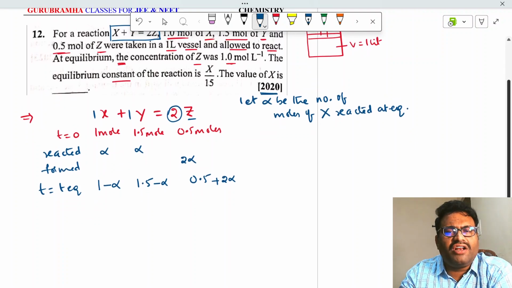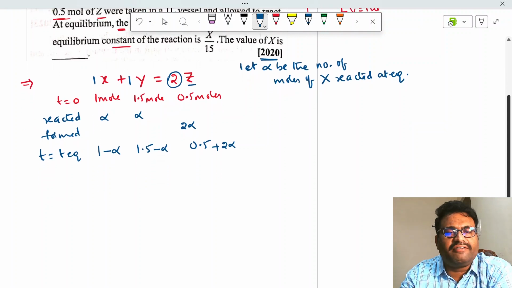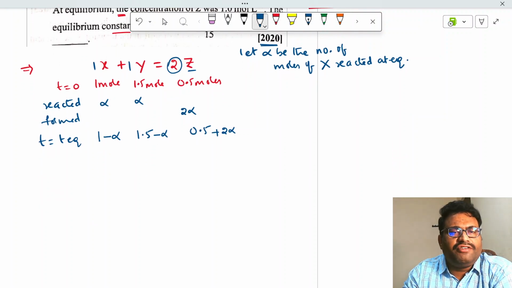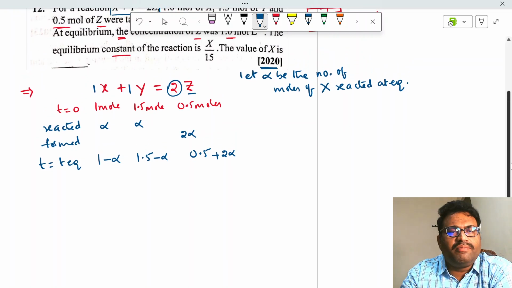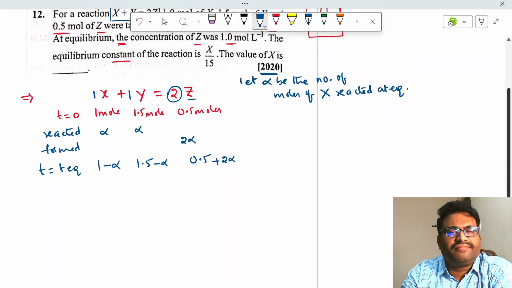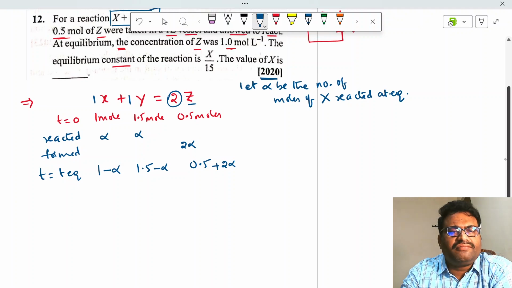So this is all happening in a 1 liter container. Then what is asked? The equilibrium constant. At equilibrium, the concentration of z was found to be 1 mole.